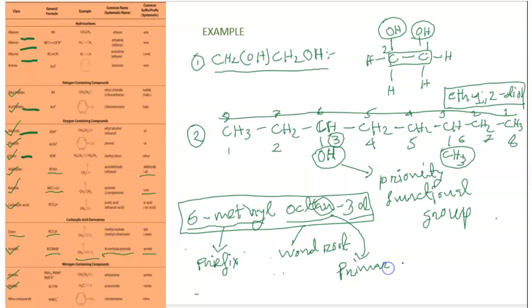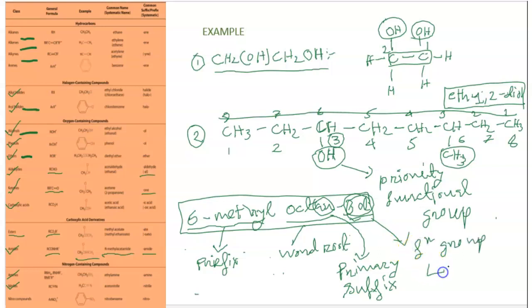Primary suffix means the carbon bond, single carbon bond, so it is the primary suffix. And 3 ol means the functional group, which is the secondary suffix.